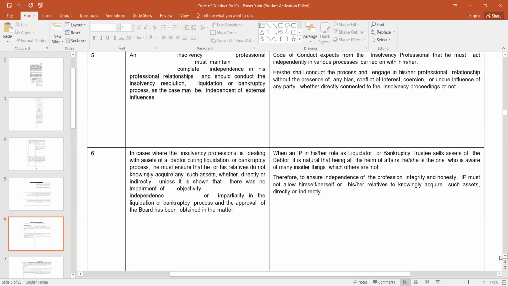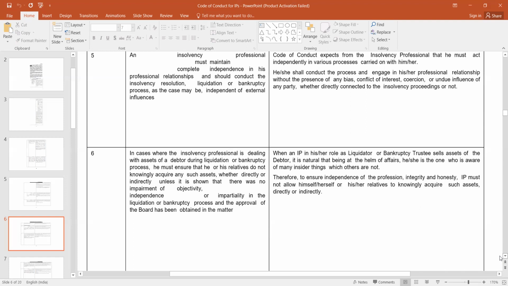But still, wherever required, you have to take the approval of the adjudicating authority, particularly when you yourself want to acquire certain assets or they are to be acquired other than through public auction. So there are certain requirements which you have already studied during liquidation or bankruptcy process, whether private auction is done or public auction is done.